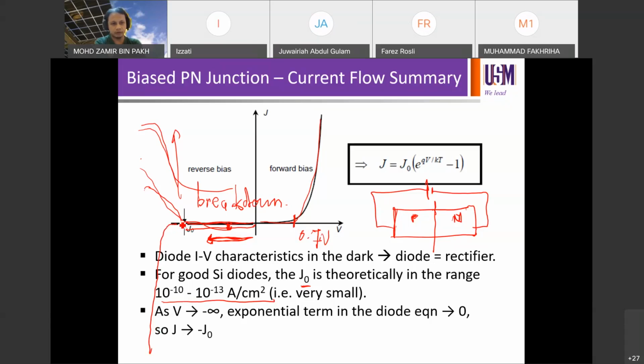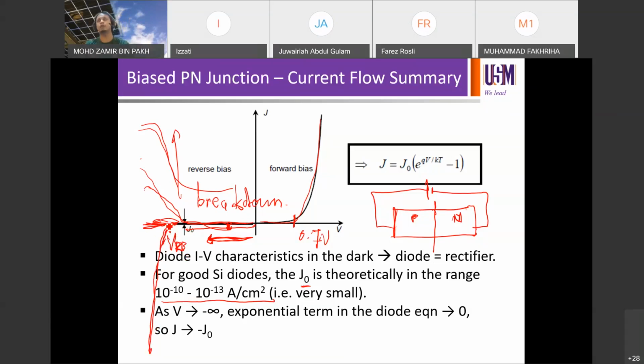You can label the voltage as VBR, or V reverse breakdown, as long as it makes sense. The current will increase exponentially in the reverse direction, and that is called the reverse breakdown current.